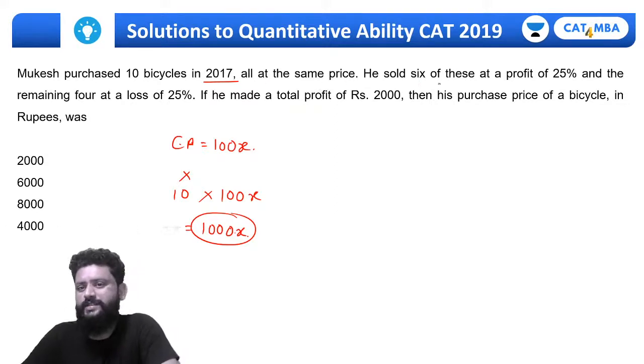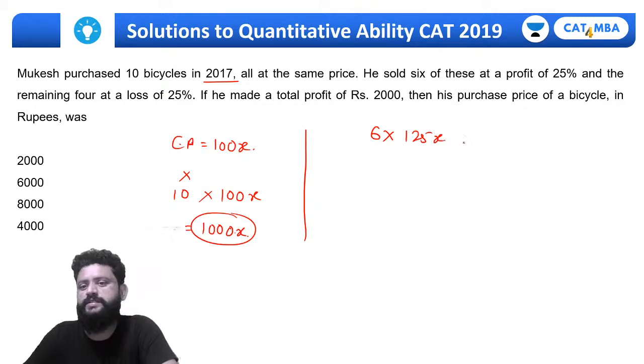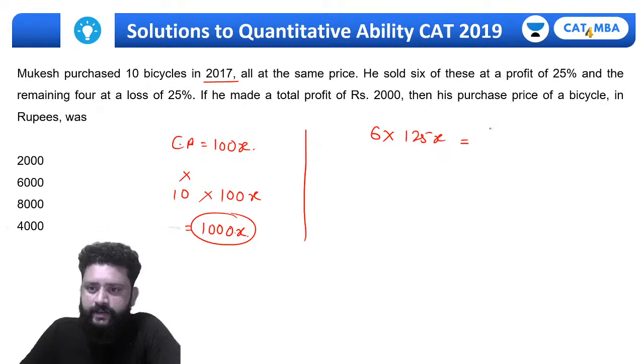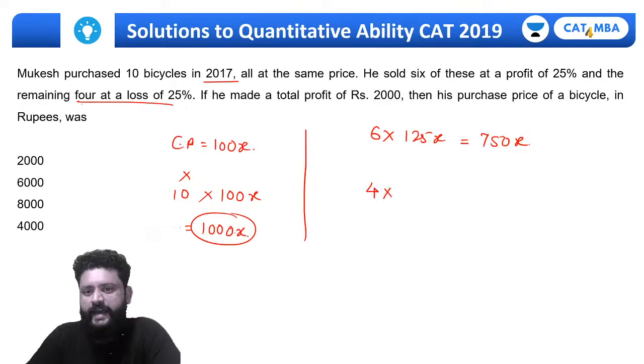Okay, so he sold 6 of these at a profit of 25%. Means kitna? 6 into 125x, 25% profit. 600 and 150, that comes out to be 750x. And the remaining 4 at 25% loss, that is 75x, which comes out to be 300x.